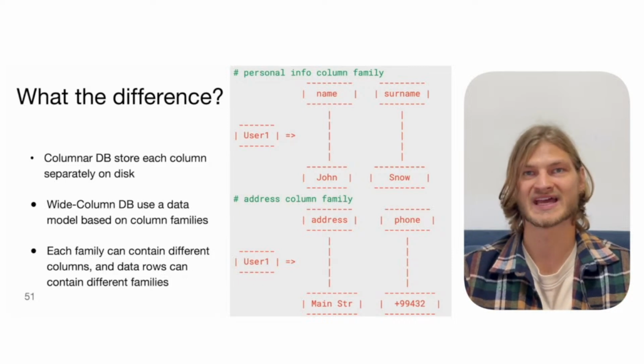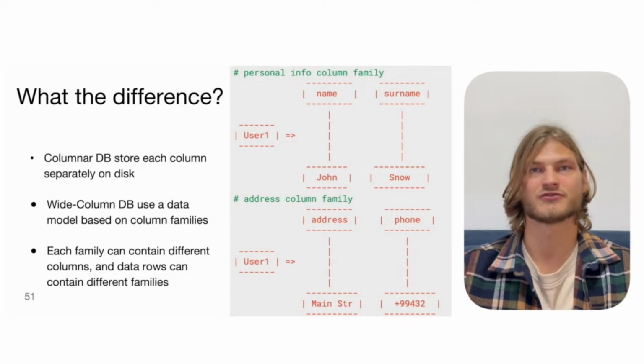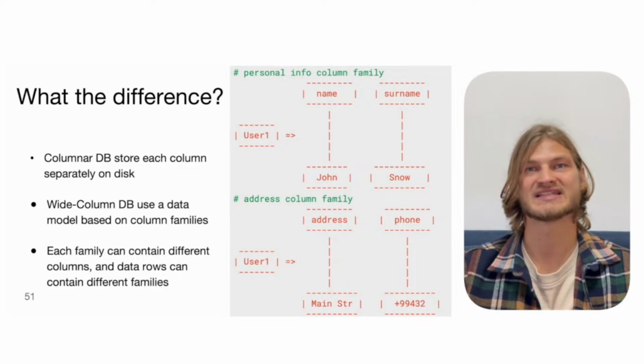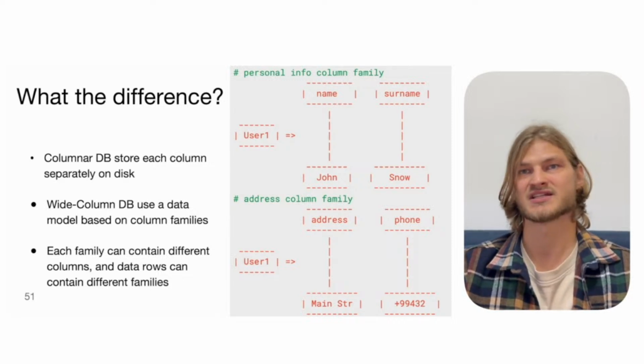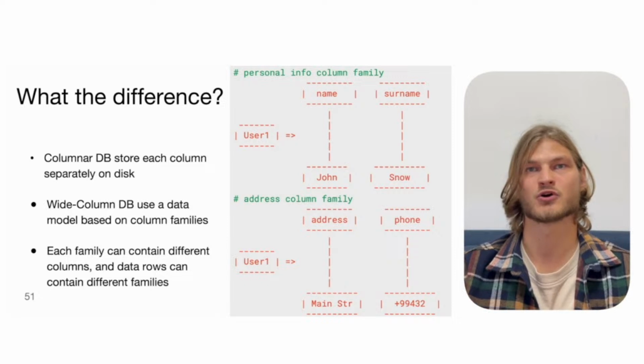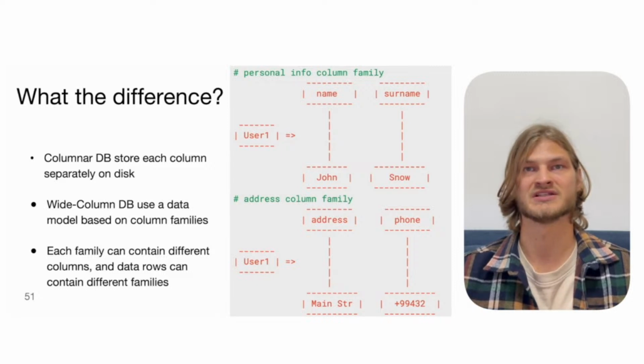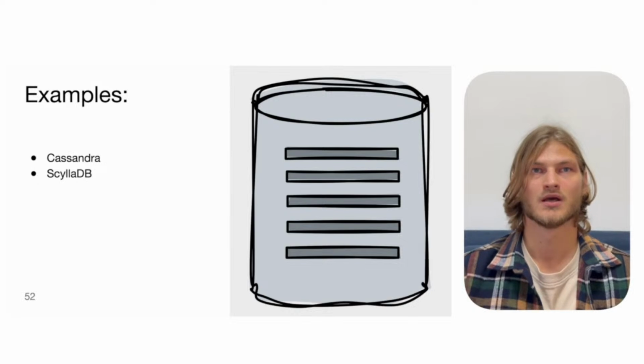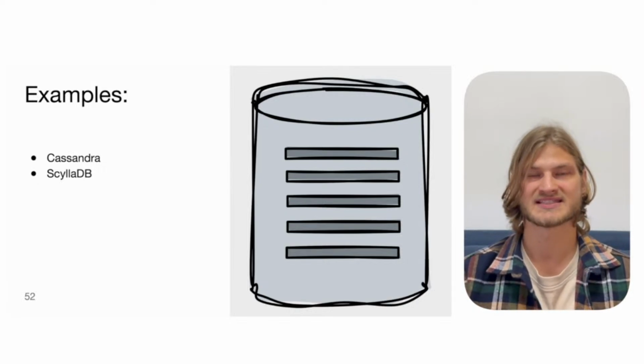And also we have a different column family for address for the same user, and it has the same row key but different columns: address and phone. These are different column families, which we can store on different parts of our disk or even on different nodes of our system. Examples of such systems are Cassandra and ScyllaDB.